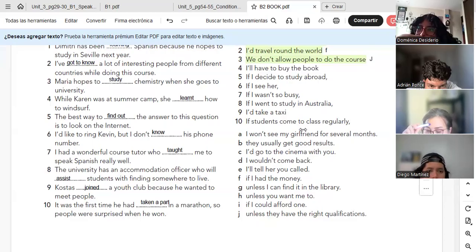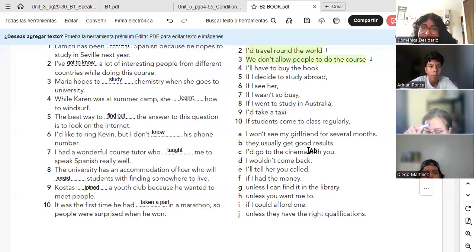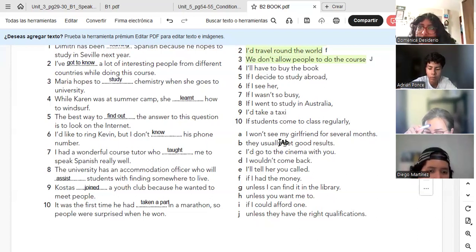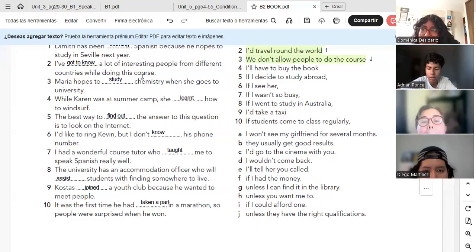A or G? I'll have to buy the book. So that's the main clause and first conditional. So we need to look for an if clause in present simple.